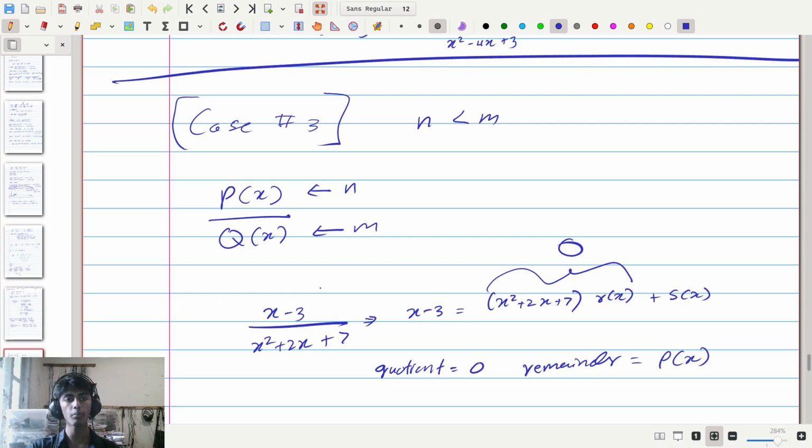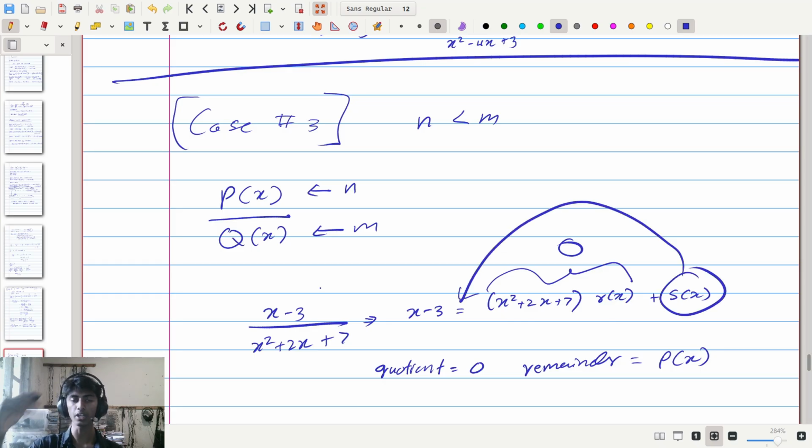There is no polynomial we can multiply x squared plus 2x plus 7 by in order to give x minus 3, or at least an order 1 polynomial. So that's it, the quotient is 0. Now given that the quotient is 0, this whole term becomes 0, which means that the remainder is equal to our original numerator. So we have that also.